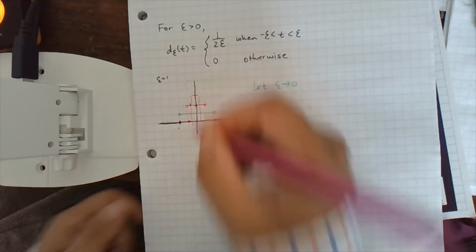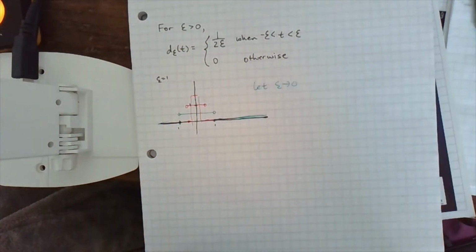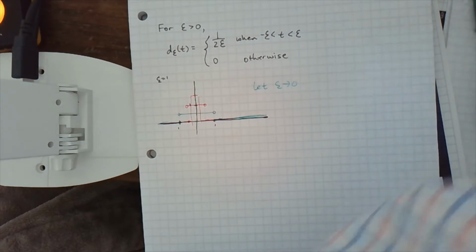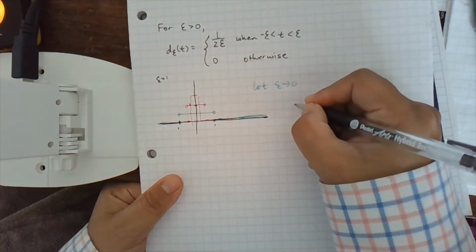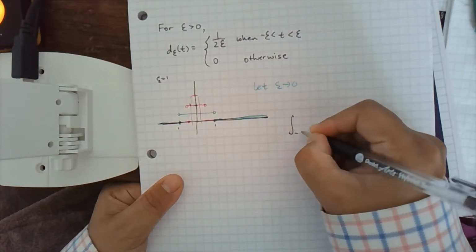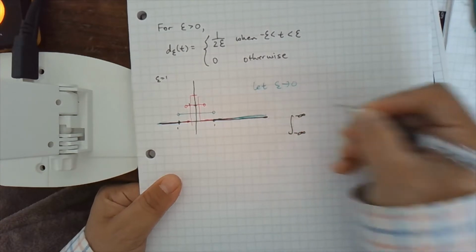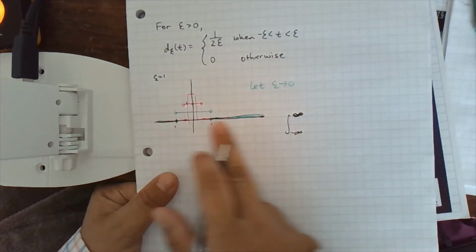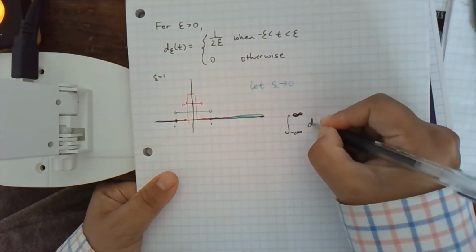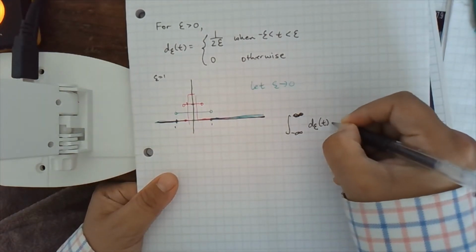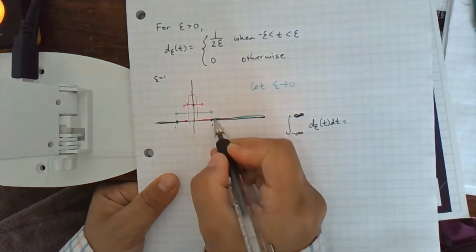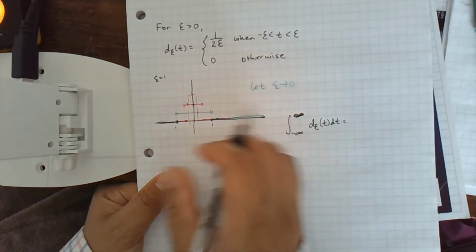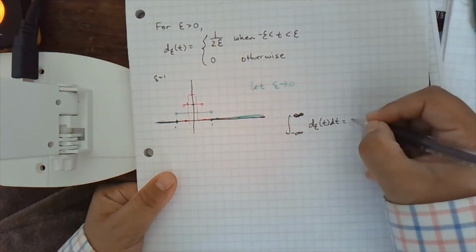And then one thing to note is that no matter how small epsilon gets, the integral over the whole real number line, from negative infinity to positive infinity, of this d epsilon of t is going to be all 0, and then it's going to be just the area under that part, right?